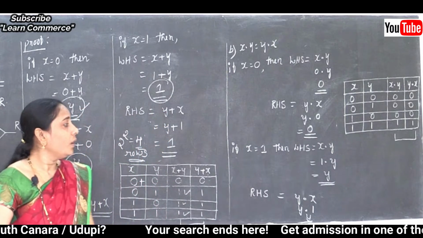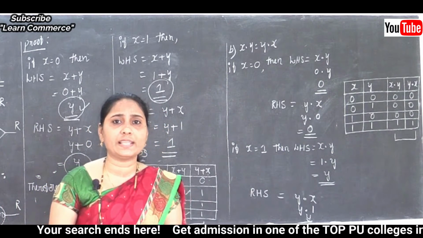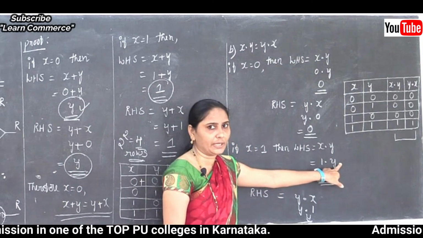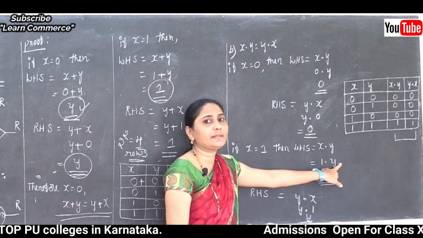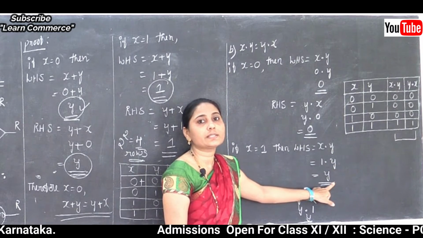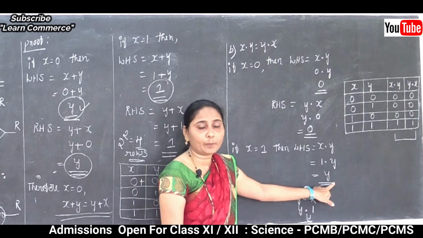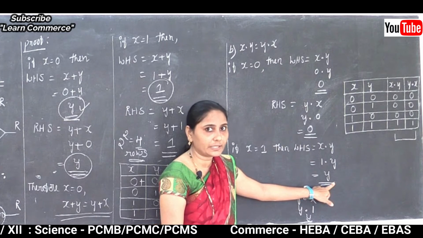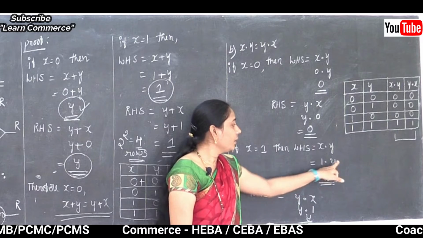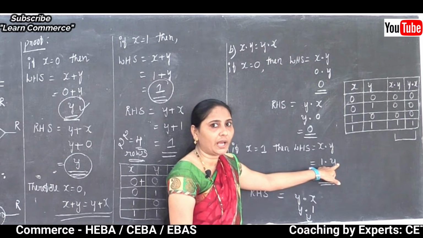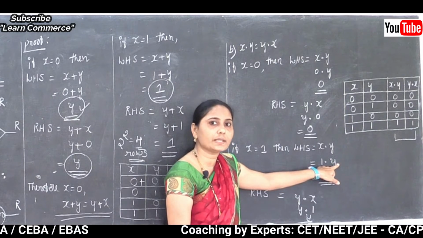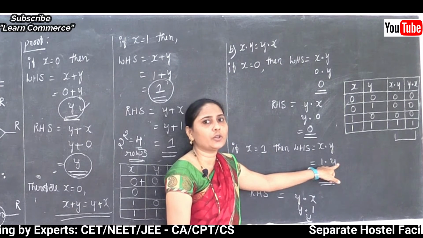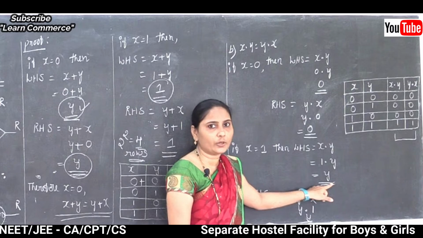Now maybe the y value is 0, 1 and 0, answer is 0. Whatever value we are providing to y, such answer we will get as the result. Clear this point? Just for imagination I used the value for y as 0, 1 and 0. So 1 and 0, the result is 0 only.